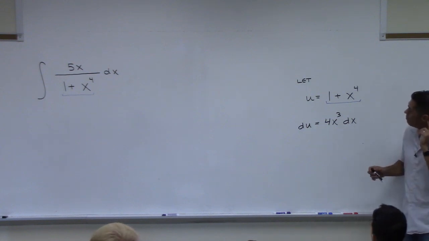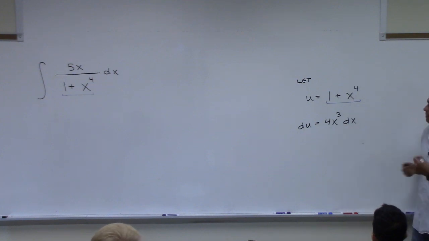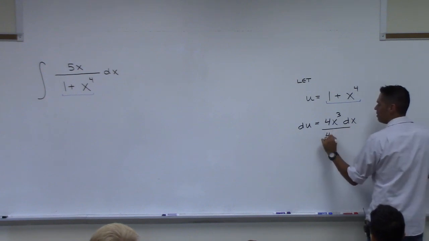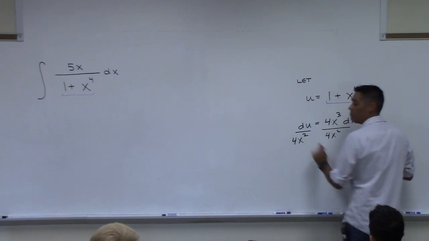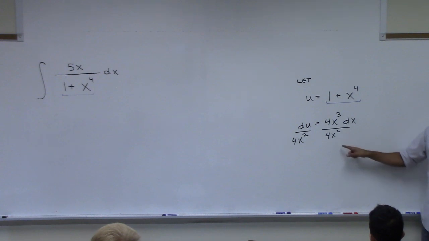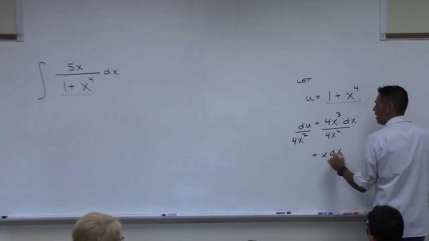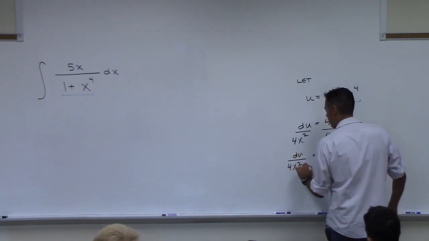Okay, so all right, let's try that. I like this idea. How about if we take this equation, we divide both sides by 4x squared? Seem reasonable? What would this side become? x dx. And this side would become du over 4x squared.